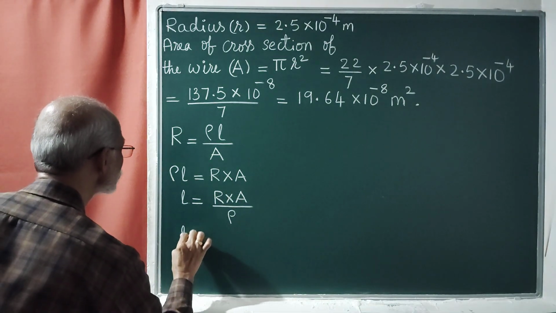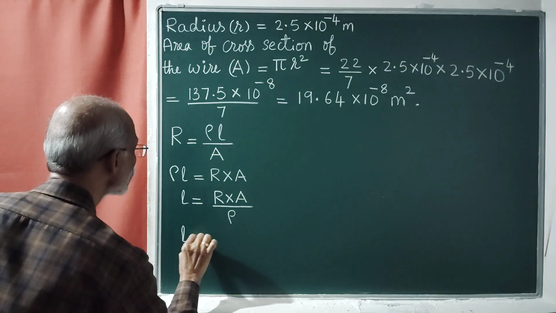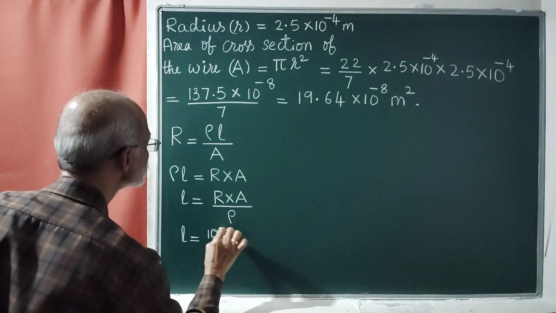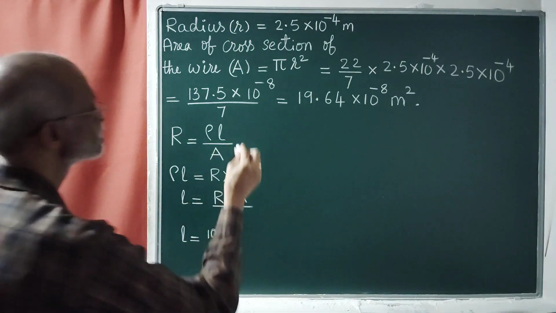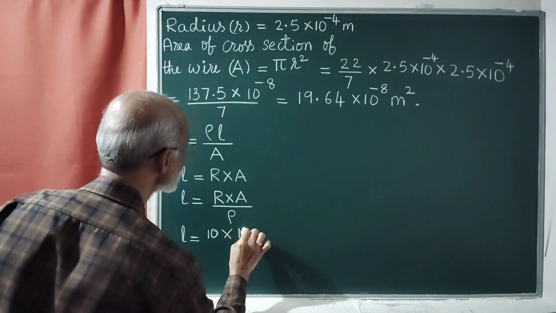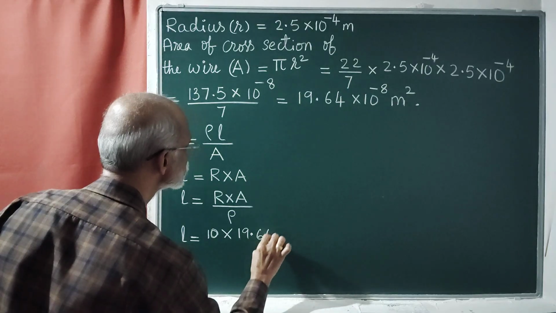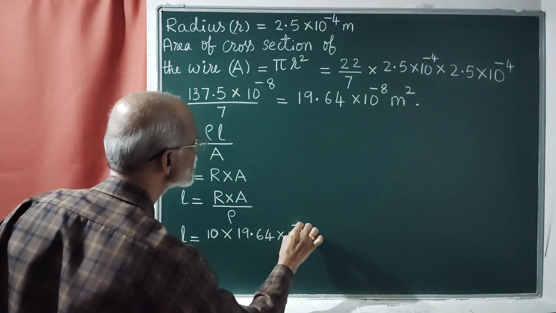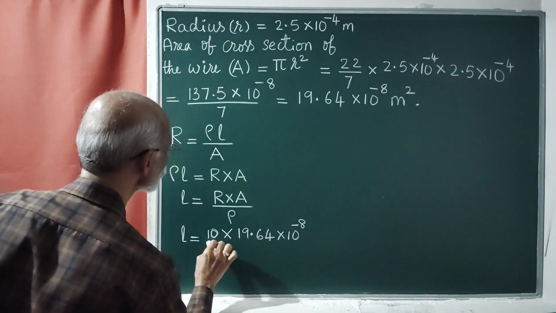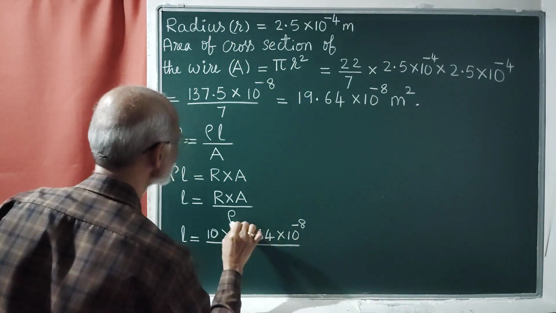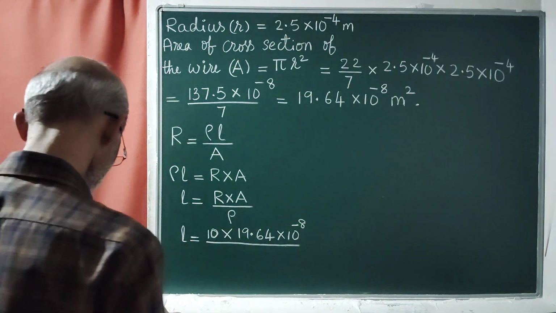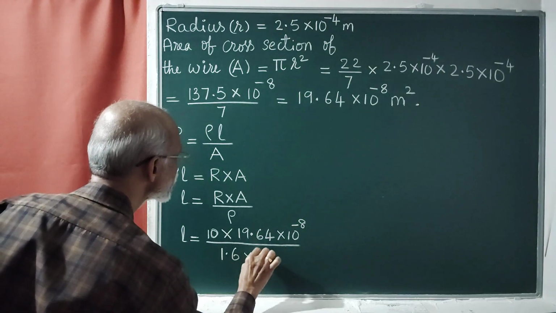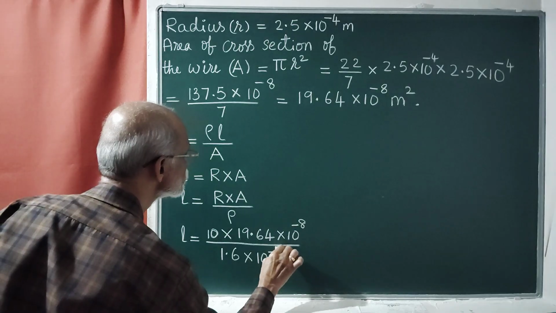L equals R, which is 10 ohms, into A, which is 19.64 into 10 to the power of minus 8, divided by rho, the resistivity, that is 1.6 into 10 to the power of minus 8.